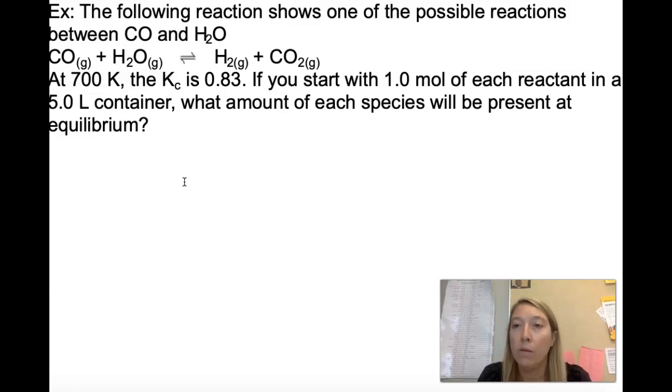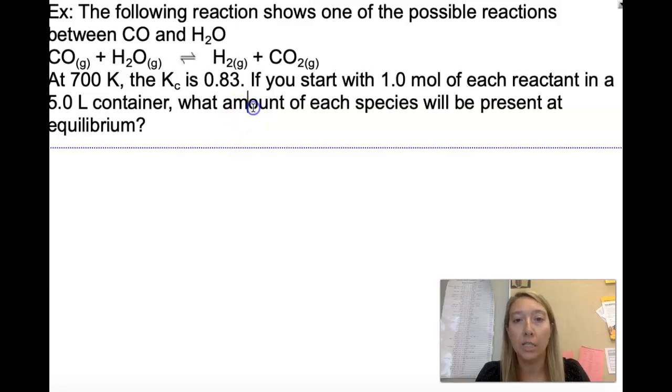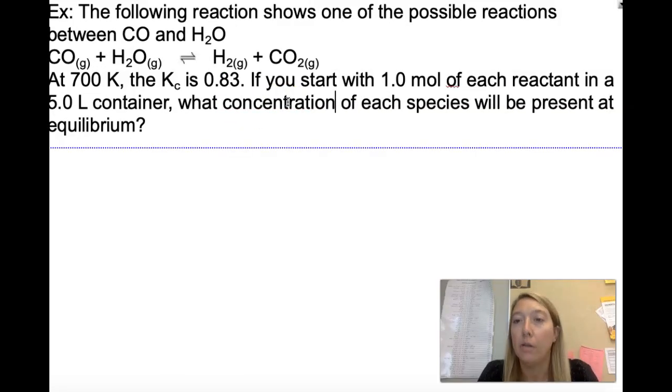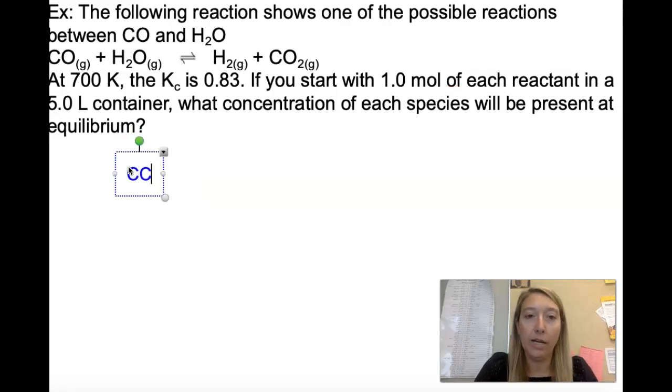If you start with 1 mole of each reactant in a 5-liter container, what amount, maybe I'll just change that to say what concentration of each species will be present at equilibrium, right? Amount's not super specific. It could be talking moles, it could be talking concentration, so let's just make it concentration. So starting point, we are going to start by writing out that equation.